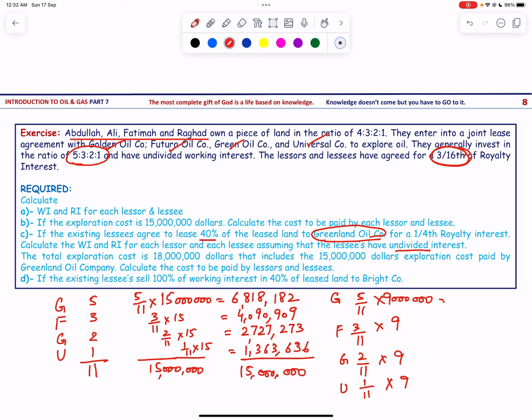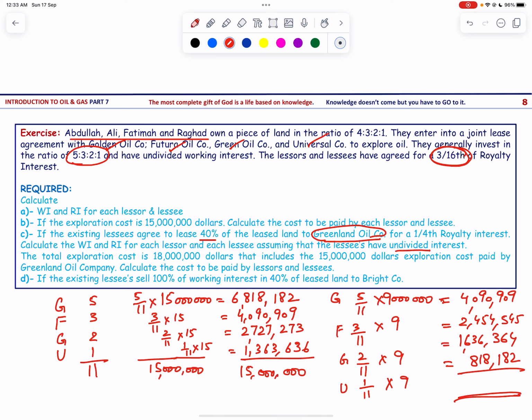So this will be equal to 4,090,909 for Golden. For Futura, it will be 2,454,545. For Green Oil Company, this will be equal to 1,636,364, and for Universal it will be 818,182. So the total will be 9 million as already said.